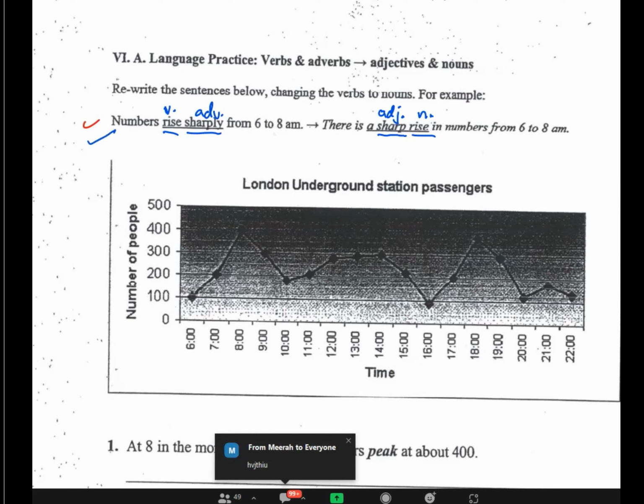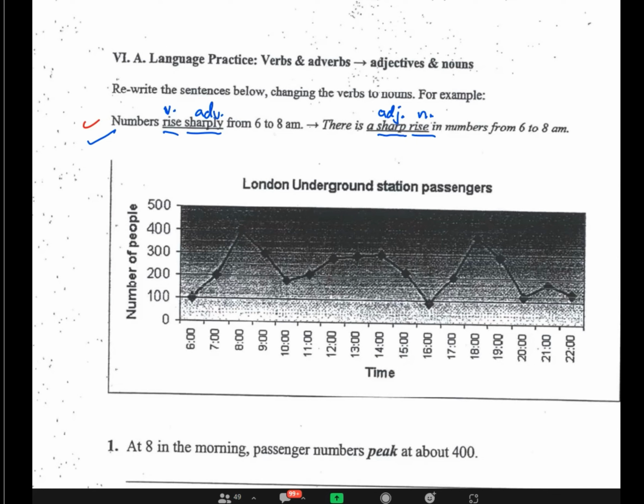But if you translate this sentence, numbers rise sharply, الأعداد ترتفع بحدة or بشكل حاد, not حادة الارتفاع. No, that will confuse you. ترتفع بحدة or ترتفع بشكل حاد. Very good, Suhaib.